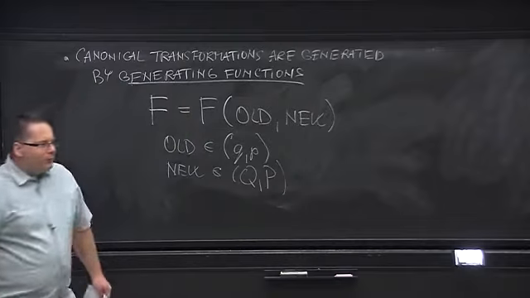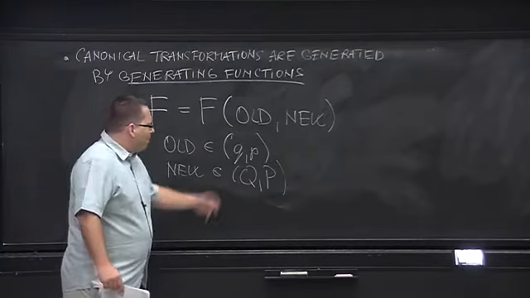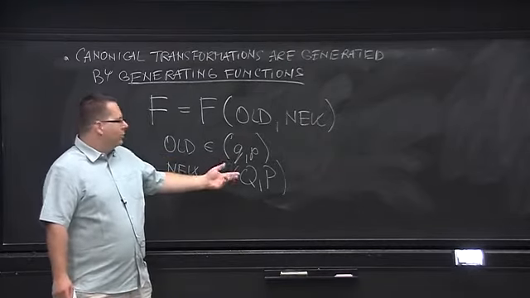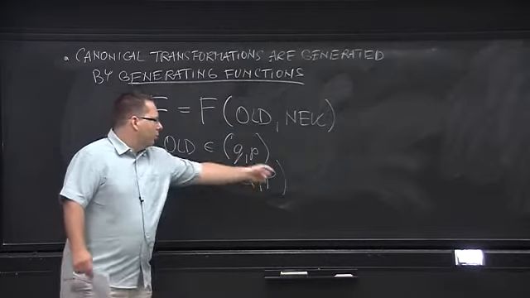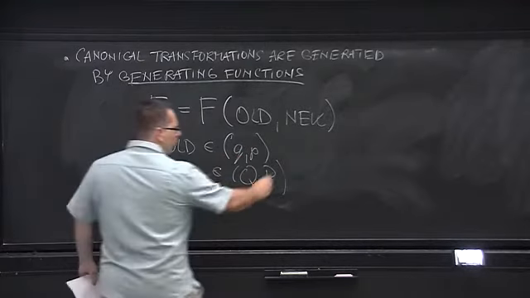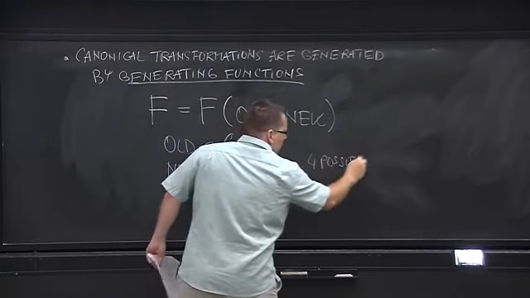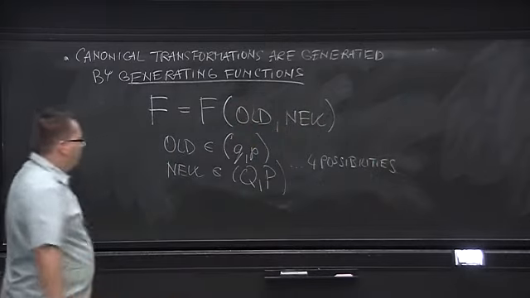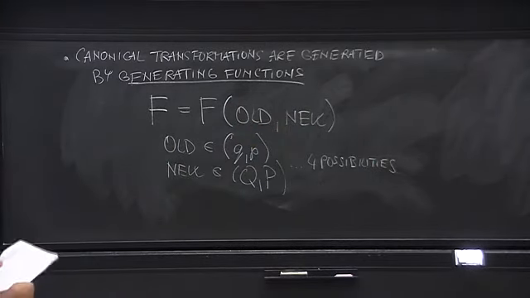Now if I'm in one dimension, so I have only one q and one p, then I have 4 possibilities. I can choose QQ, QP, PQ, or PP. So 4 possibilities. Of course, if I'm in higher dimensions, I have many more possibilities.